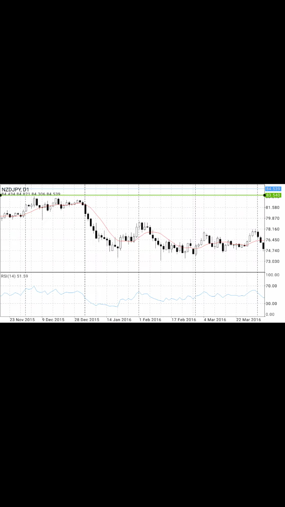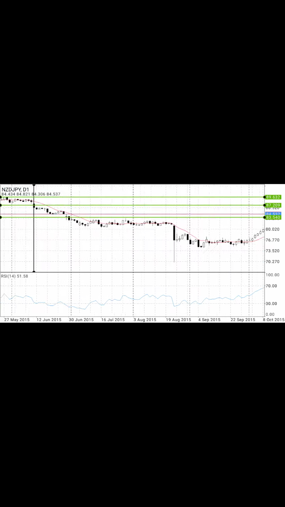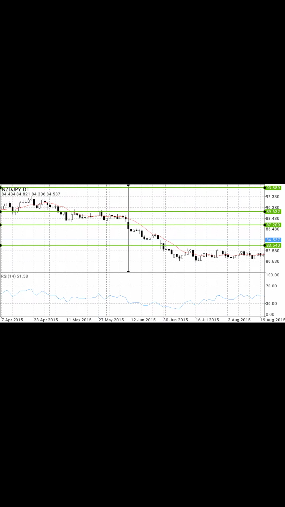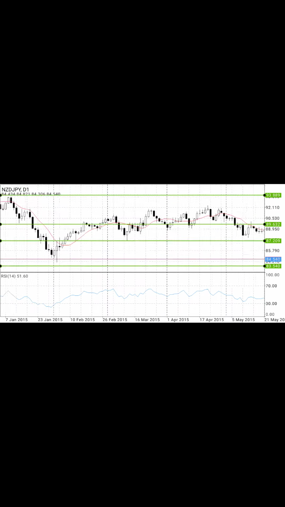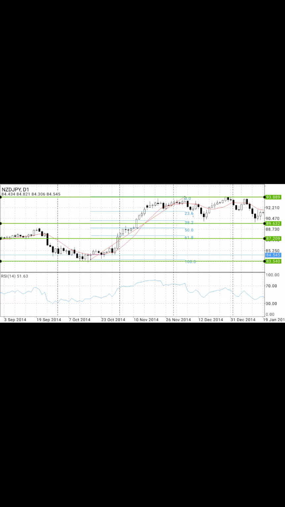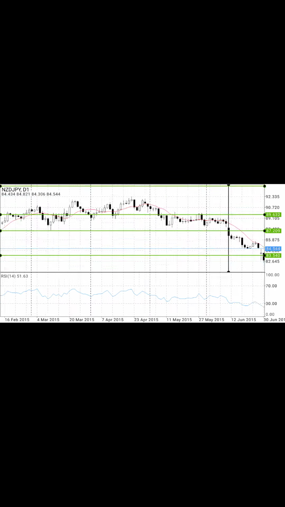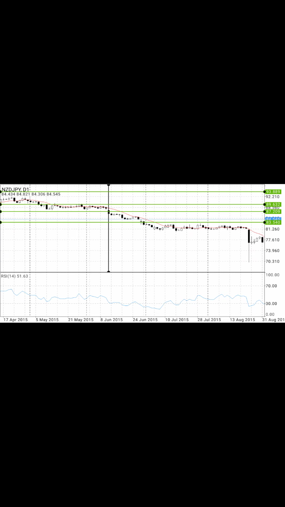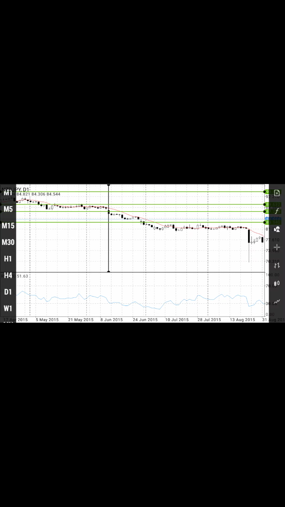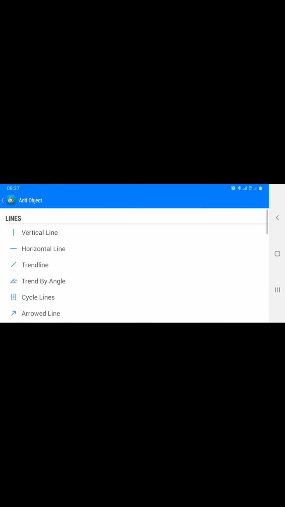So after that, price broke below all four resistance, including the support right here. And this was on 24th June 2015. Let me highlight that.